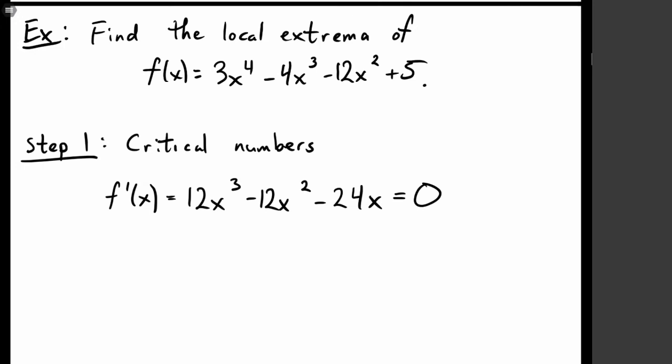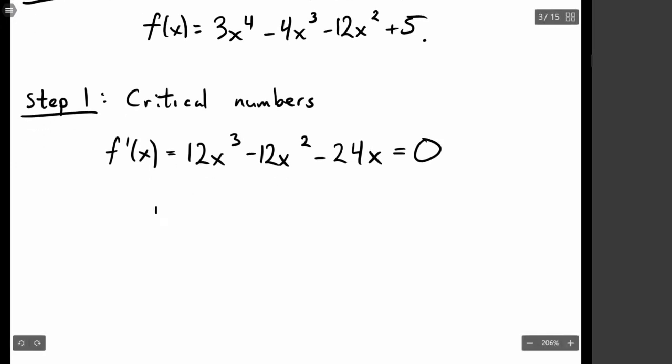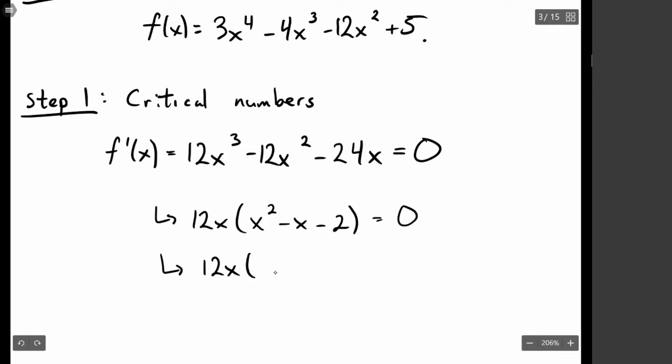And so the best thing to do is probably, let's start by factoring out 12x. Get x squared minus x minus 2. And if we factor this some more, 12x, x minus 2, x plus 1.